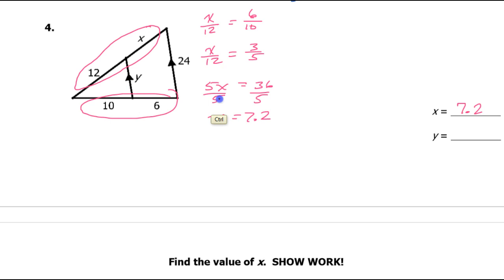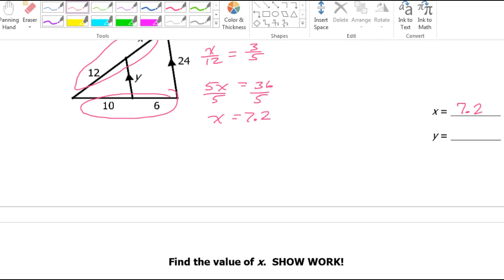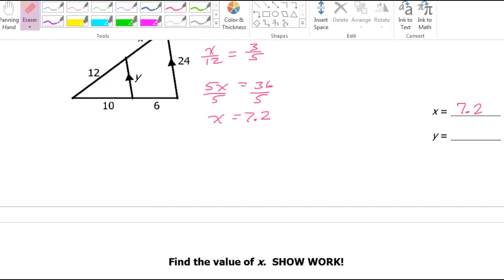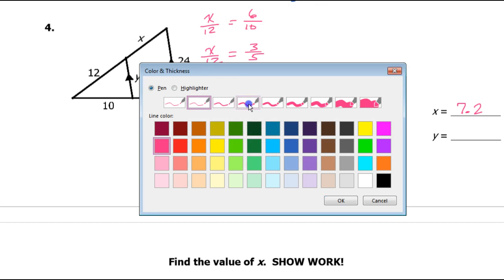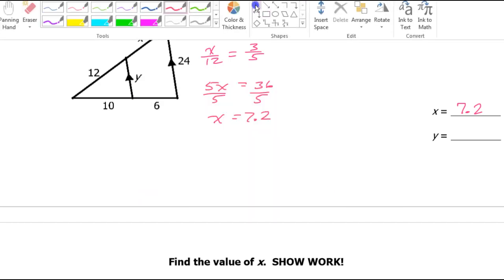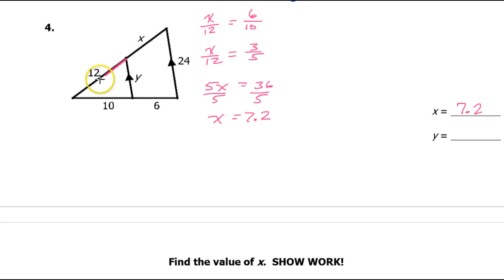Alright, now I can't find y that way. This Side-Splitter Theorem does not work for the parallel sides. So when it comes to the parallel sides, I need to draw these two triangles separately. Alright, so I've got the smaller triangle, which goes like this.